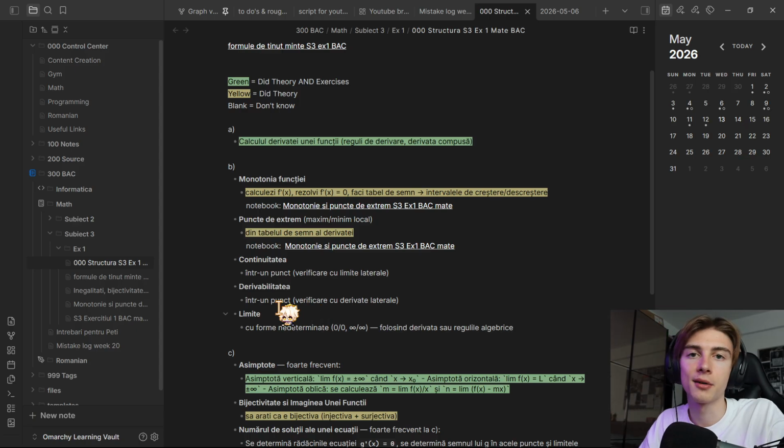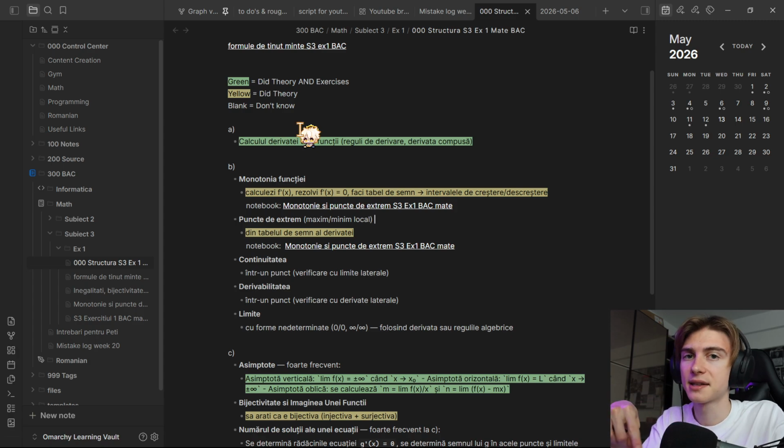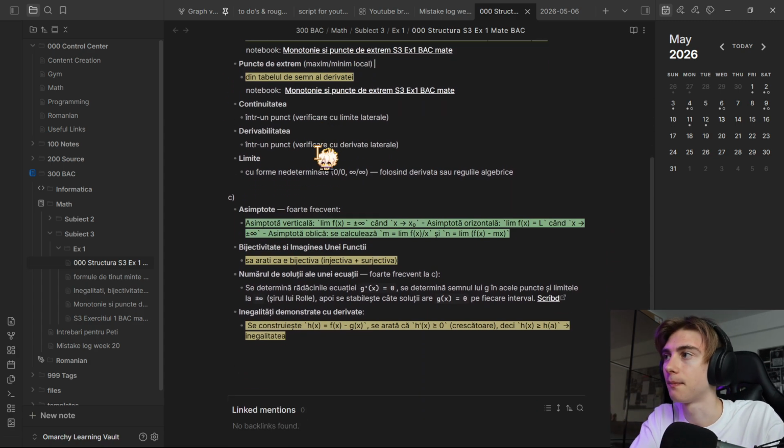Blank, I don't know it, I didn't learn it. Yellow, I did the theory, but I didn't practice a lot yet, or I practiced a little bit. And green, did theory and a lot of exercises, and I'm proficient in it. I guess we could also add an orange, which is did theory and exercise but not proficient. You can play with it.